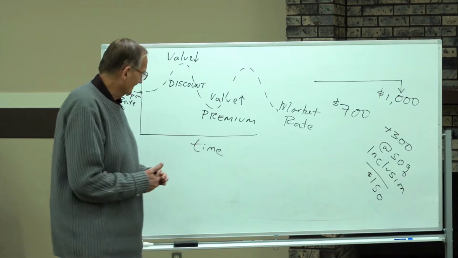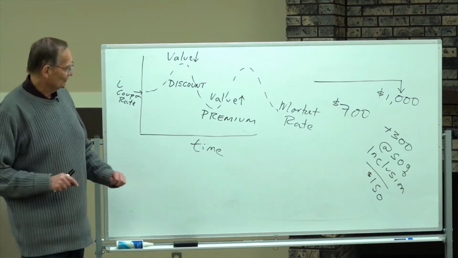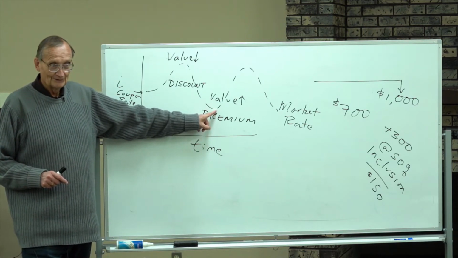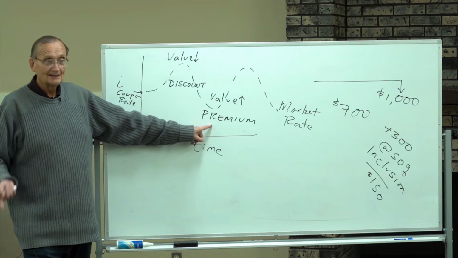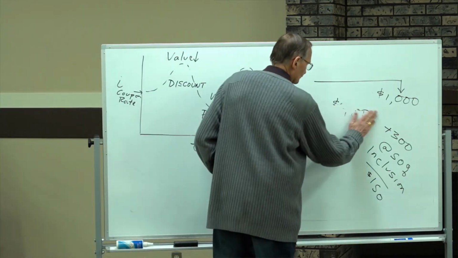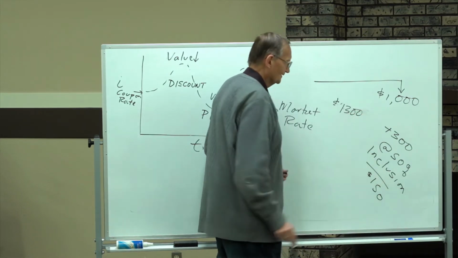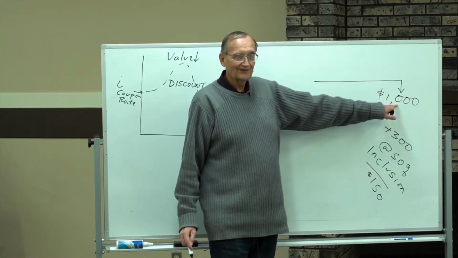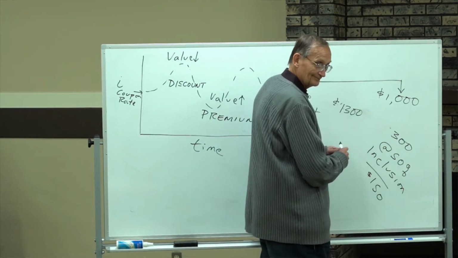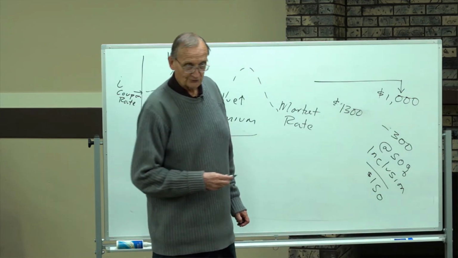Now, let's look at when it's not a good deal. You bought your bond during this period. Interest rates were really low. The bond sold at a premium. You paid $1,300. Now you're only getting back $1,000. Is that negative? Now you've got a capital loss.